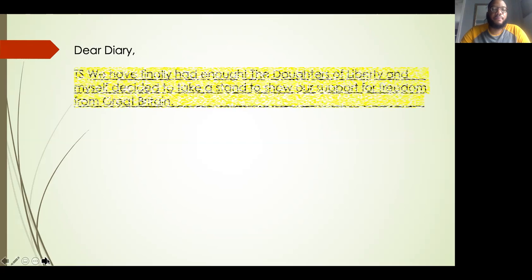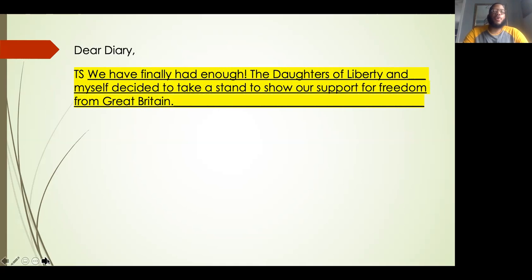Next, my topic sentence. So if you read Act 4 and you understand in Act 4, the Daughters of Liberty have finally reached a point where they've had enough and they have decided to really take action against people that are trying to prevent them from having freedom. So I've decided that if I were Deborah Manning, this might be how I start off my letter, how I'm expressing how I'm feeling.